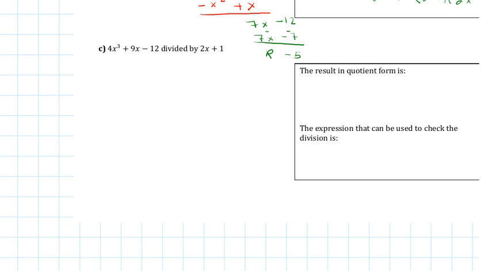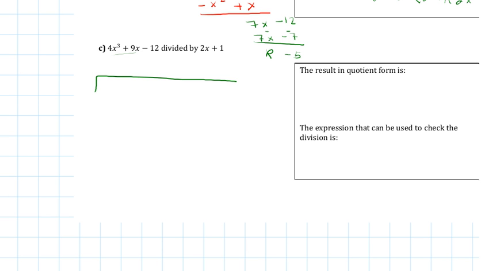All right, let's try the last example here. What I have in the dividend is 4x cubed plus 9x minus 12. So you see that the x squared term is missing. I can't have any missing terms, and that's why I need to make sure that I have the x squared term, and that's a 0x squared.